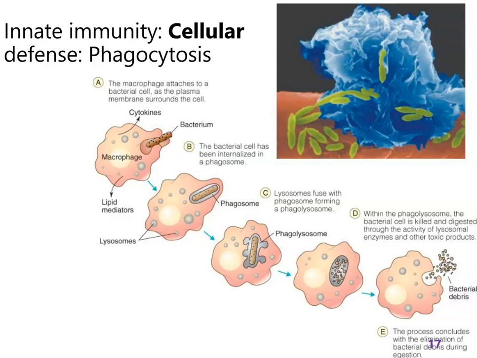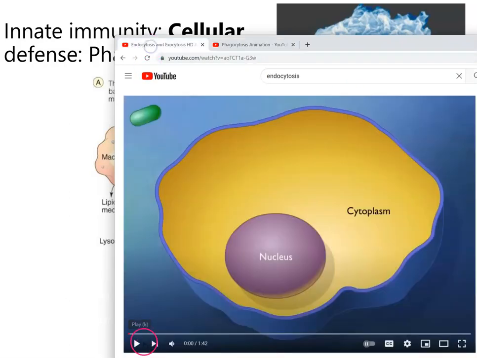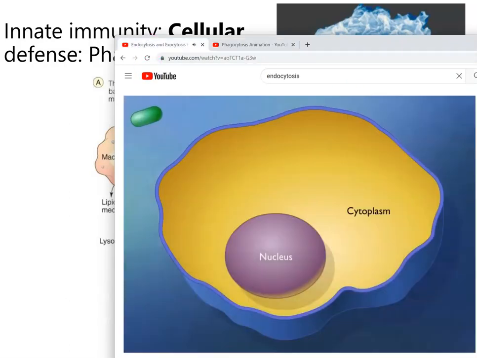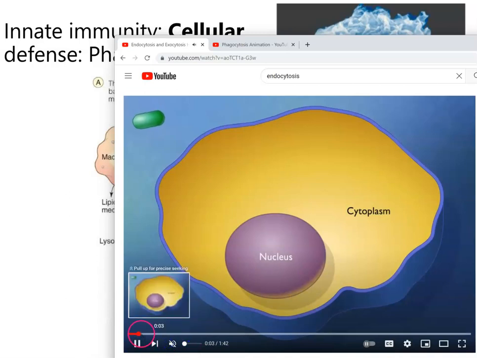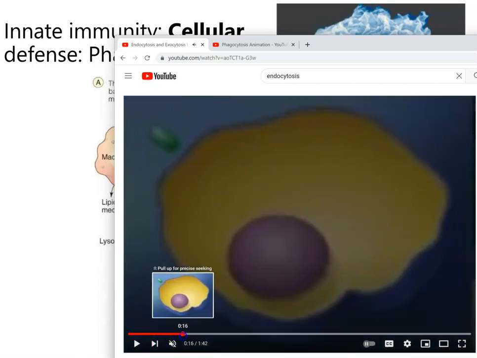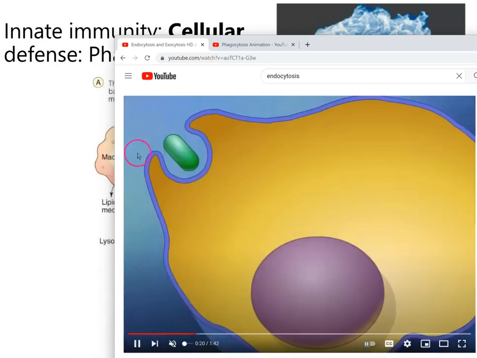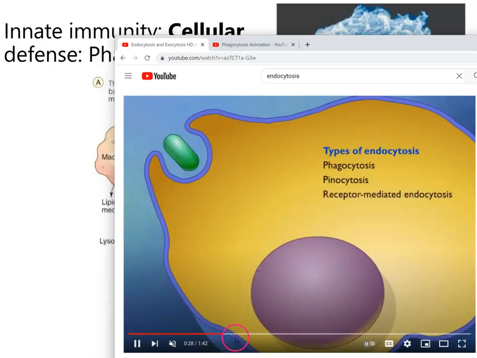I want to show you some videos of this because you may or may not be able to get it from that. So this one is a famous video from McGraw-Hill, and they just animate it a little bit better. So there you see the cell is wrapping its membrane around the bacterium as they list different types of endocytosis.